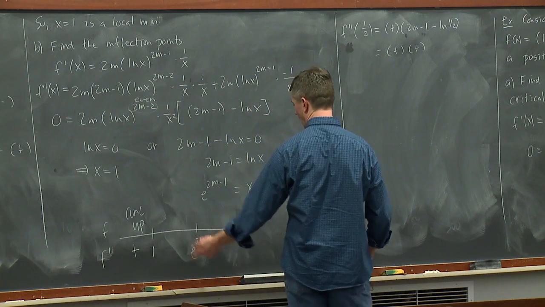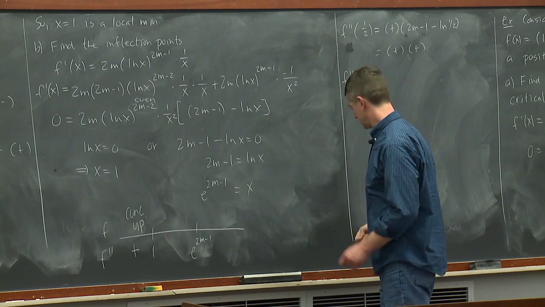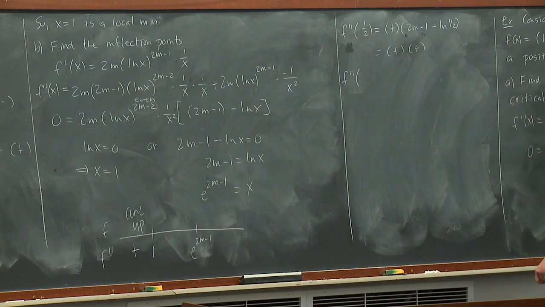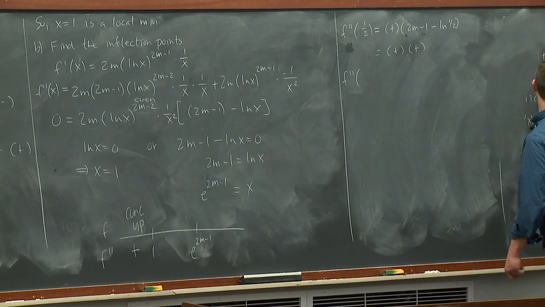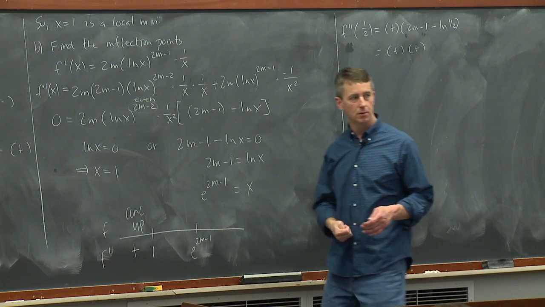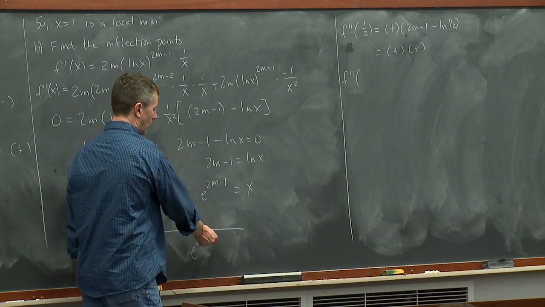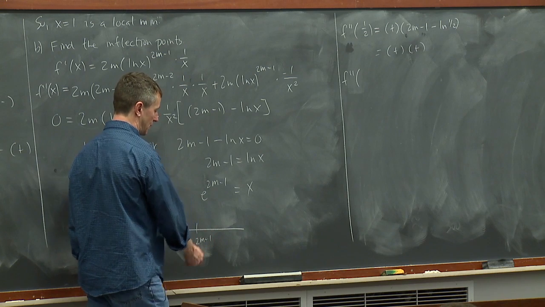What's the number I can pick between 1 and e to the 2m minus 1? So you're going to divide this number by 2. Let's make sure that happens. What did we say the smallest that 2m minus 1 could be?